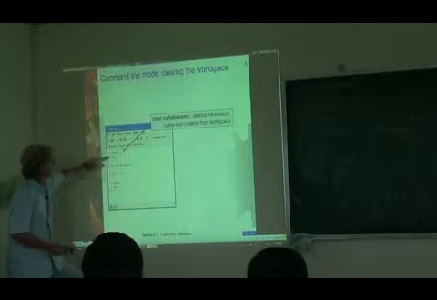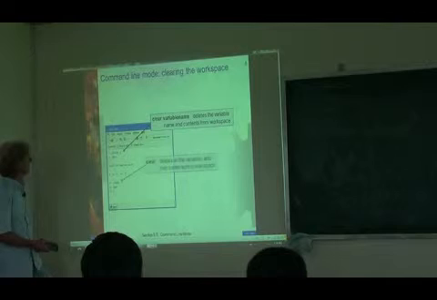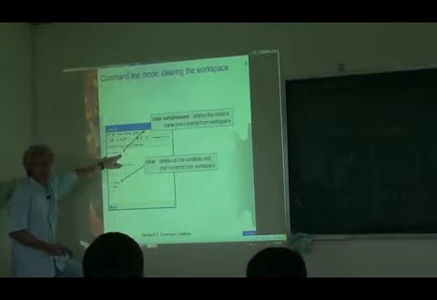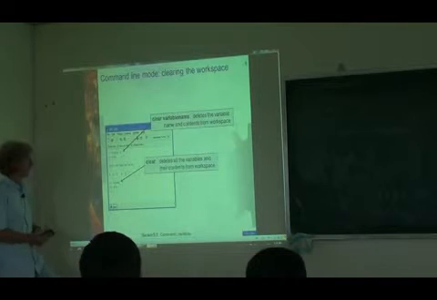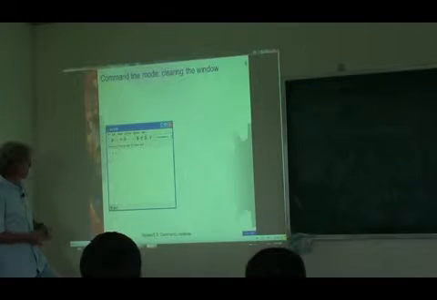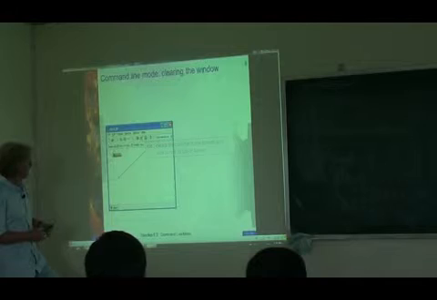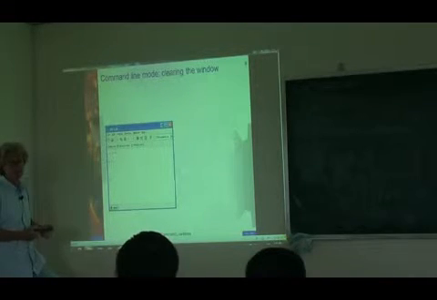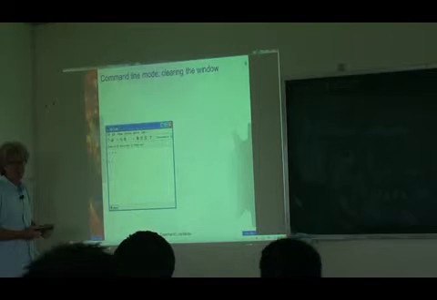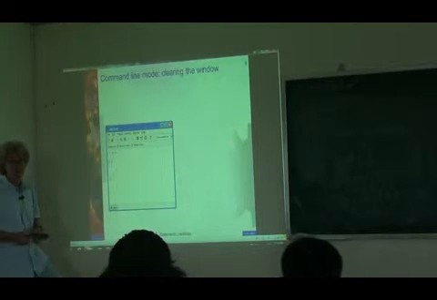Clear. This clears just little a, so you don't have to clear the whole workspace. You can just clear part of it if you want. Why would you want to?